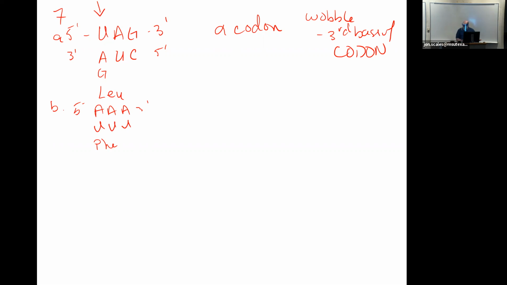The next one, C, was CUC. Okay, so C can base pair with G, U can base pair with A, C can only base pair with G. So GAG should be glutamic acid.